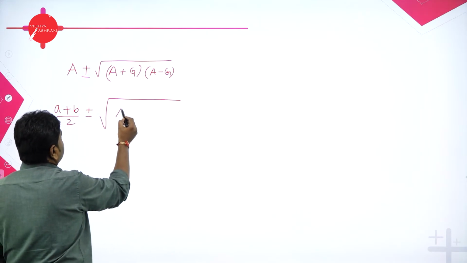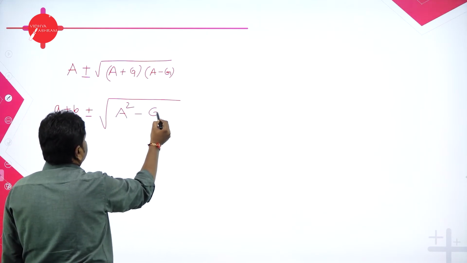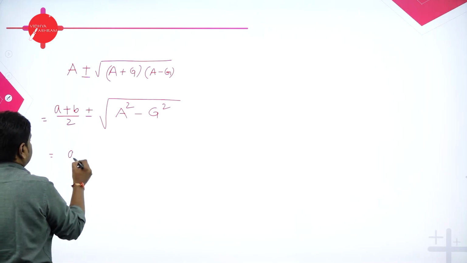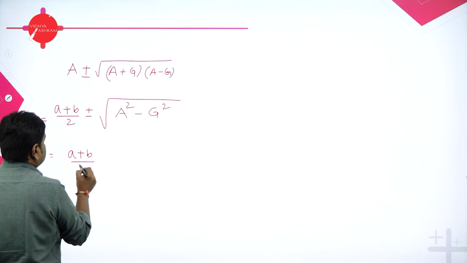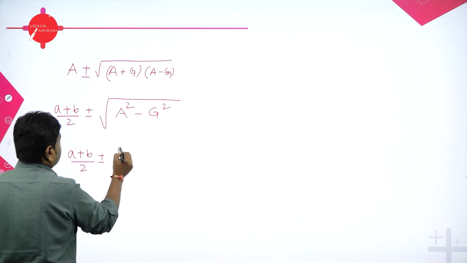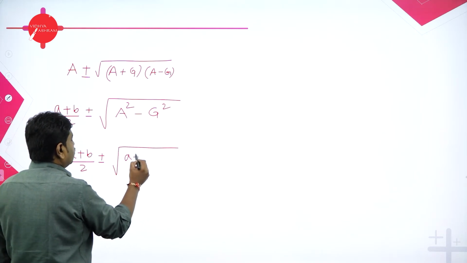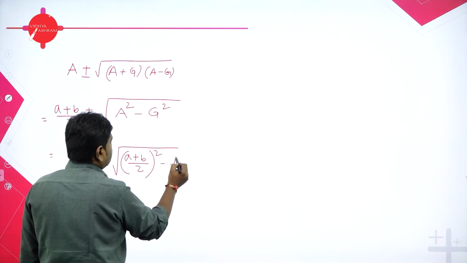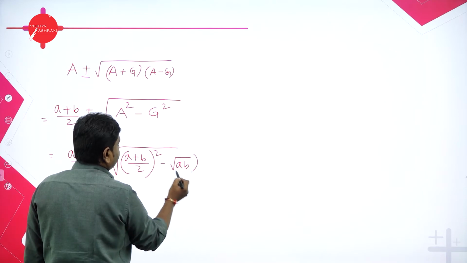So I can write it as A square minus G square. So now further, that is (a plus b) by 2 plus or minus root of A square minus G square, where A square is ((a plus b) by 2) the whole square, and G square is (root ab) the whole square.